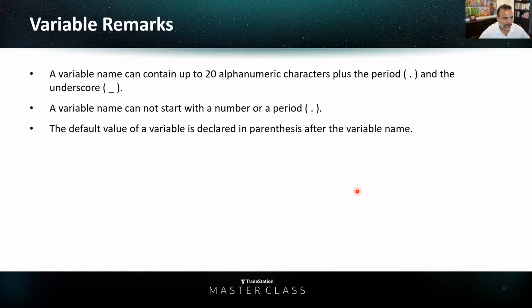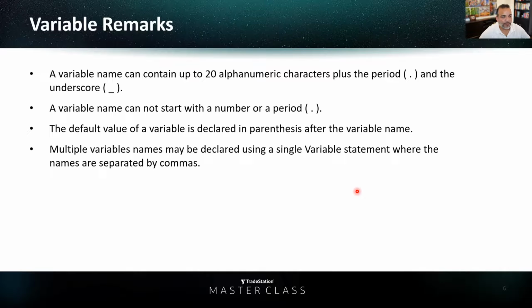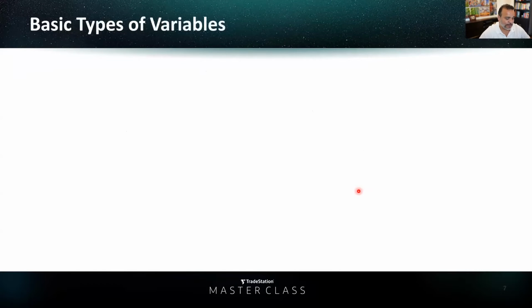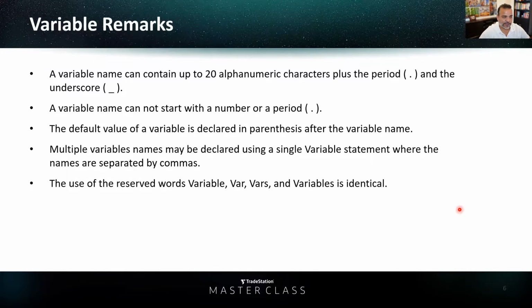We've said that multiple times already. Multiple variable names may be declared using a single variable statement where the names are separated by commas. We said that already as well. And the use of the reserved words variable, var, vars, and variables is identical. That's just to refresh what we said about variables and some things to keep in mind when you're naming and setting them up in your declaration statement.